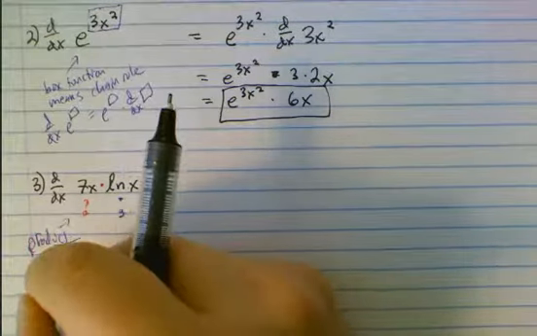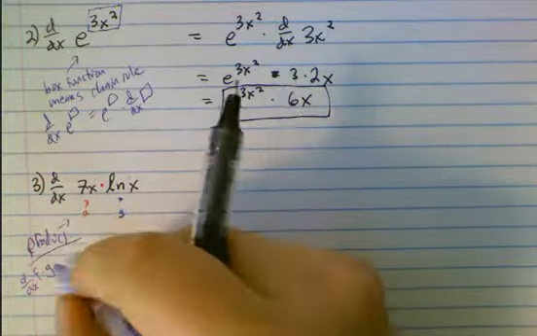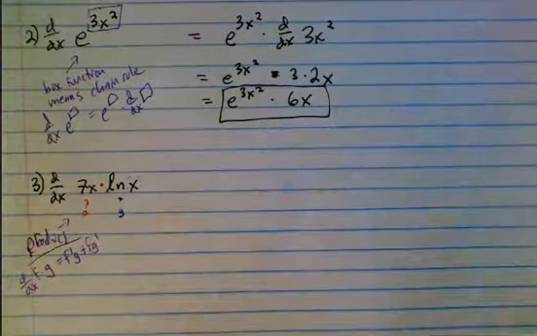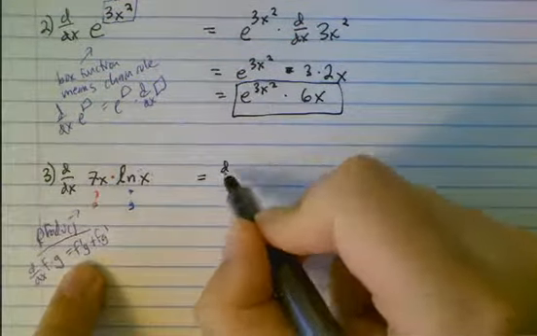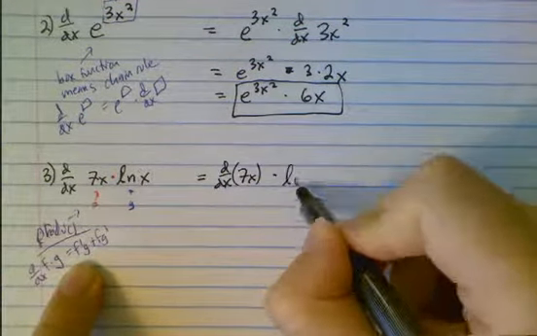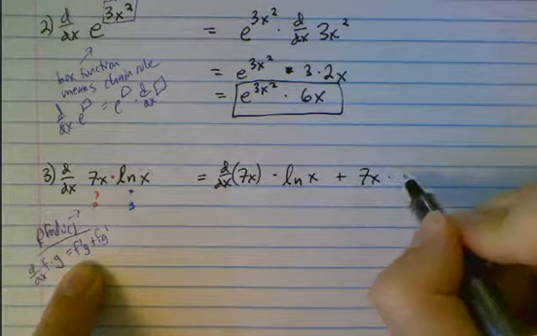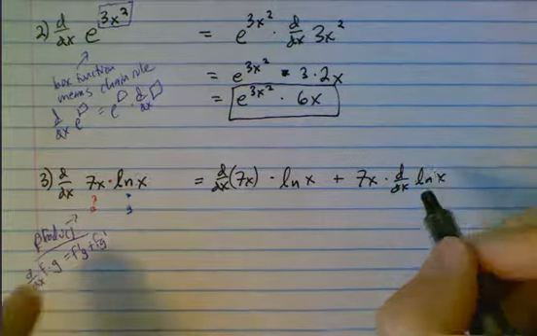The derivative of f times g is going to be f prime g plus f g prime. So derivative of the first times the second plus the first times the derivative of the second.